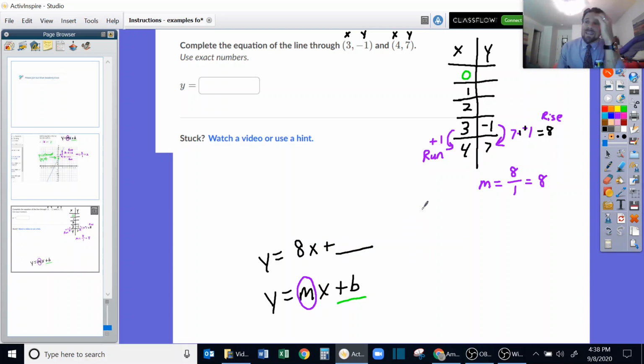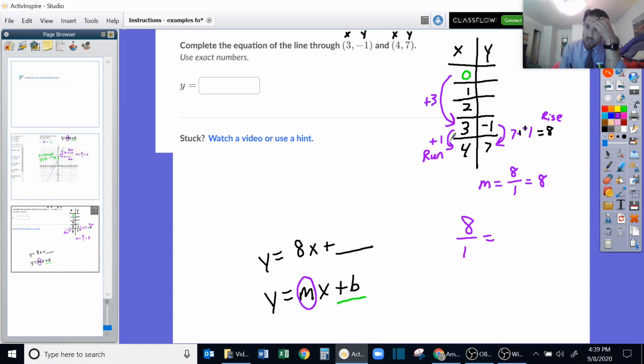So the next thing that I'm going to think about is, no matter how big my steps are, my rise over my run is going to be 8. It's going to be 8 over 1. But here, what I really want to do is go all the way back to 0. So that's increasing by 3 here.